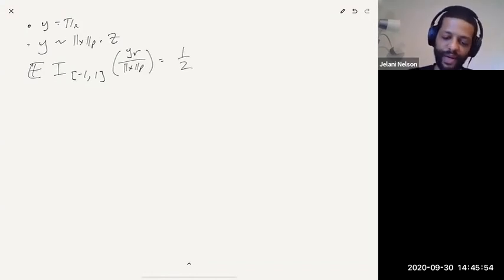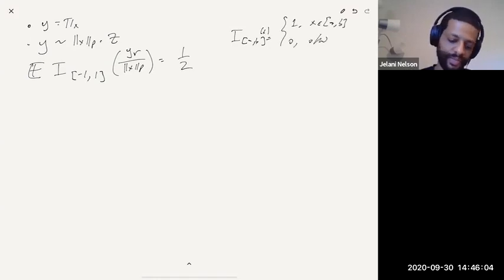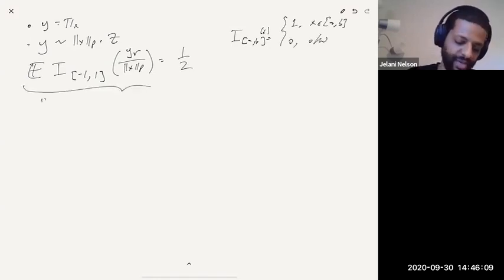The indicator function of an interval is 1 if x is in the interval, and 0 otherwise. Does that make sense?